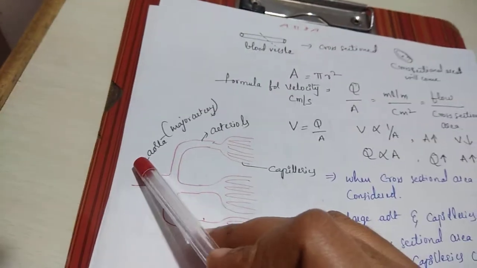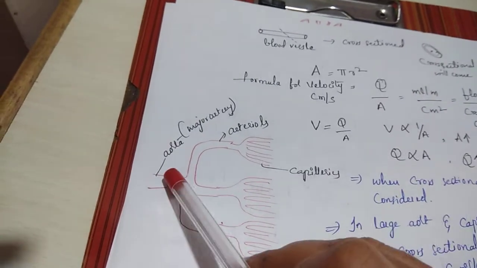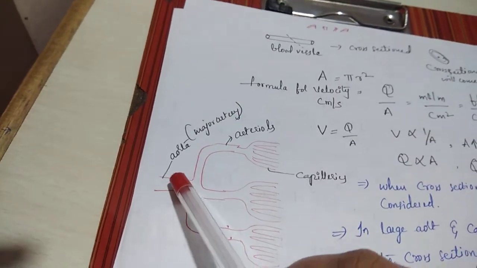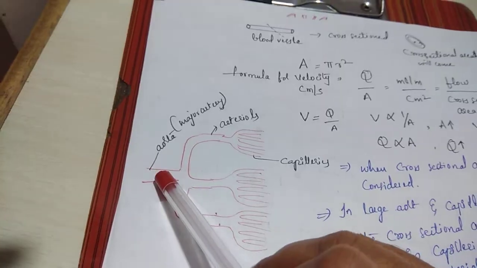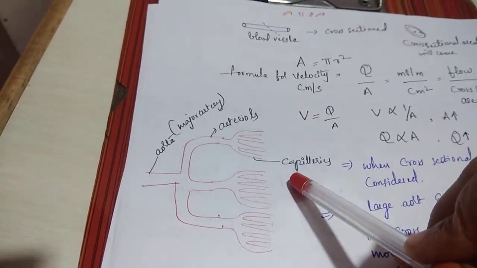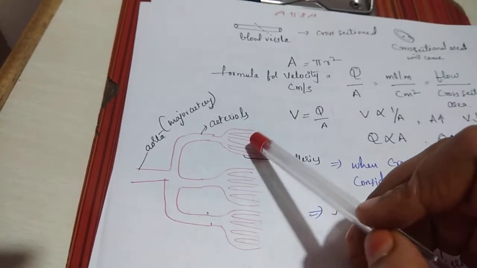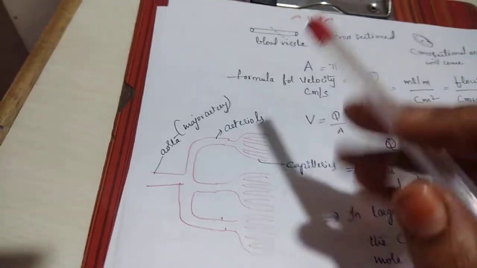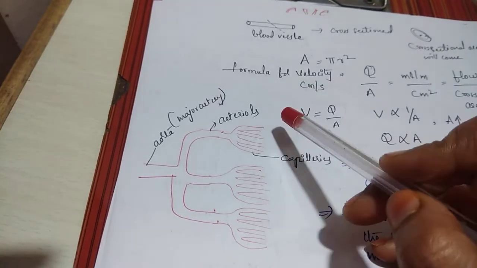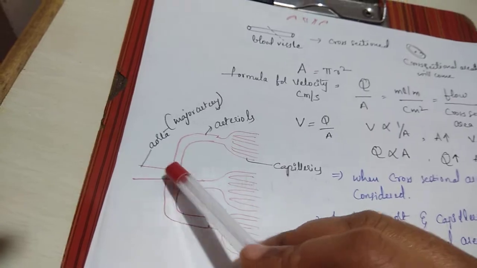If we take the cross sectional area of the aorta and the cross sectional area of the capillaries, which one will be more? Obviously the capillaries, since the number of capillaries is more. If we add up the cross sectional area of all those capillaries, it will be more than this major artery.